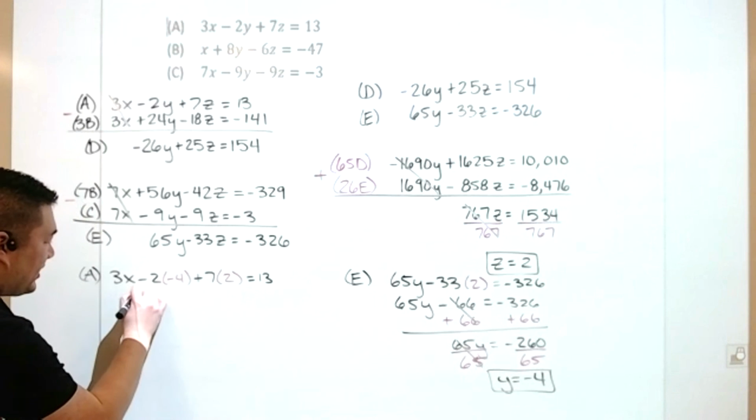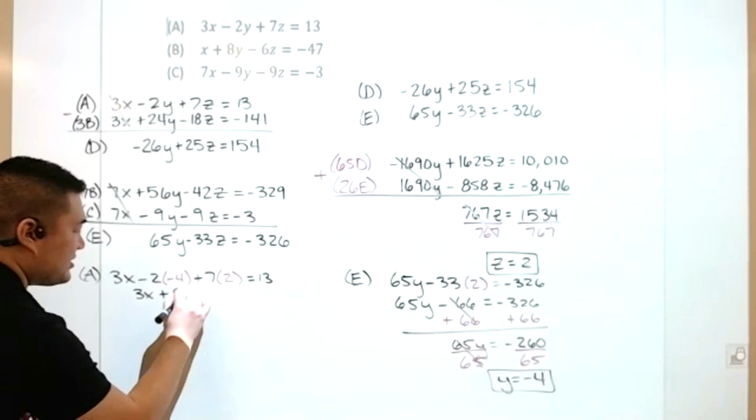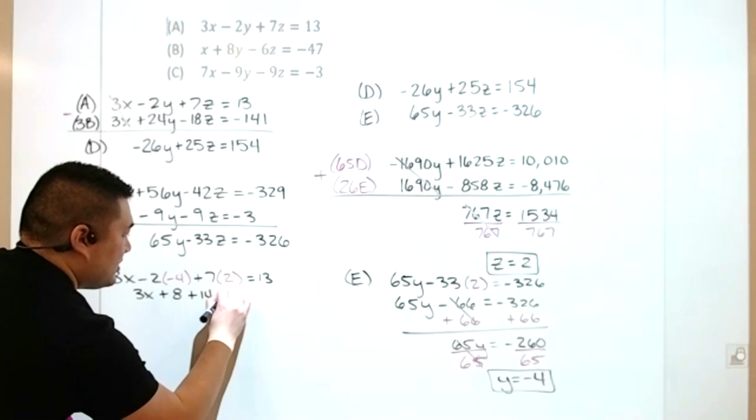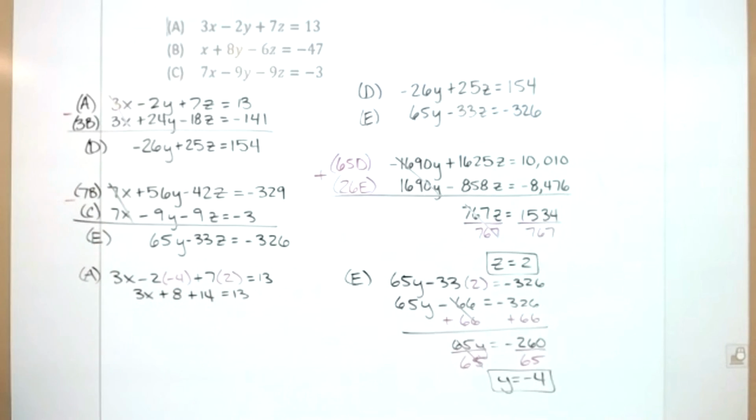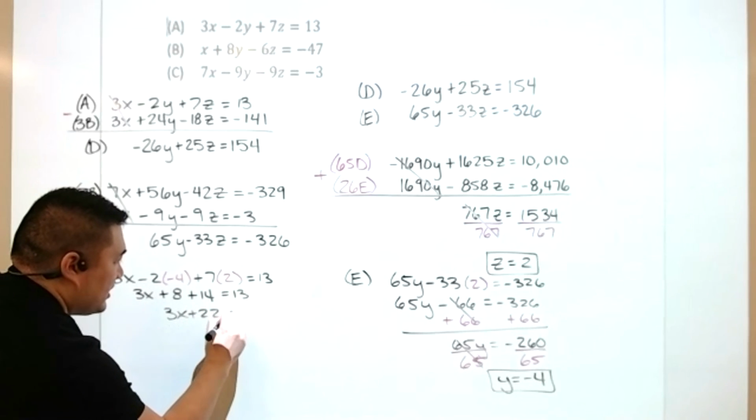So then this is 3x plus 8 plus 14 equals 13. 3x plus 22 equals 13.